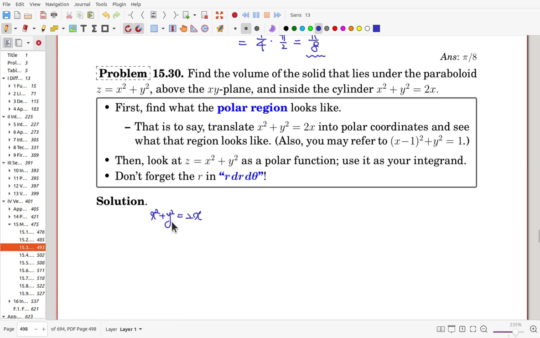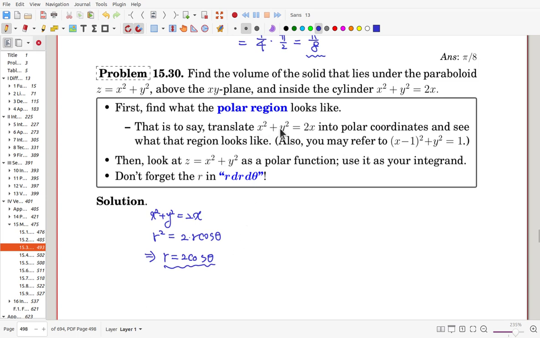And x squared plus y squared is r squared in polar coordinates, and x is always r cosine theta. We may eliminate one r on both sides, so that there will be r equals 2 cosine theta. That is the polar curve.